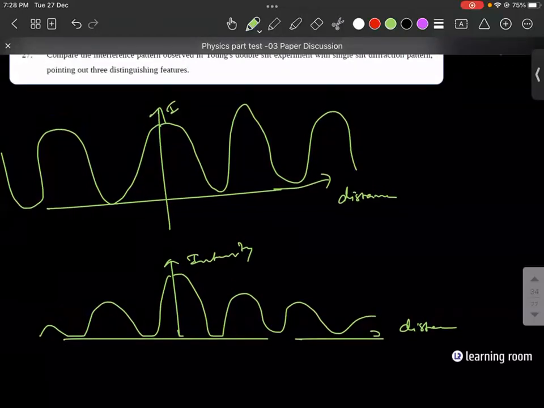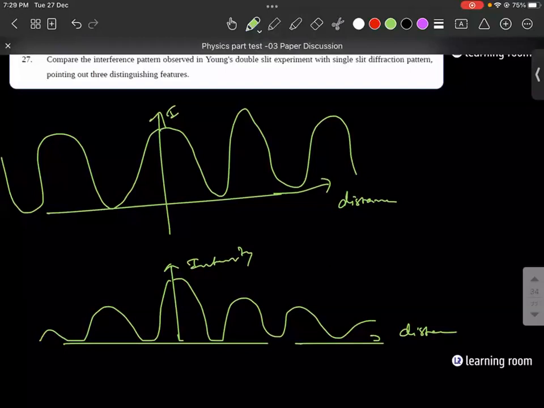Now they're asking any 3 distinguishing features. Can you tell me what they are? Equal fringe width in interference, with unequal fringe width in diffraction.